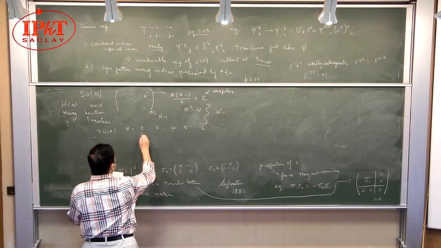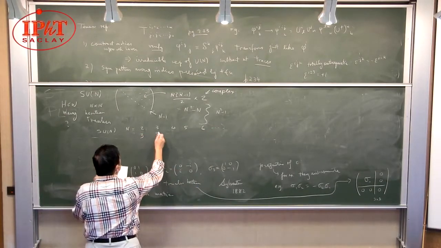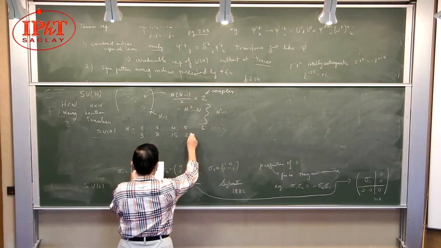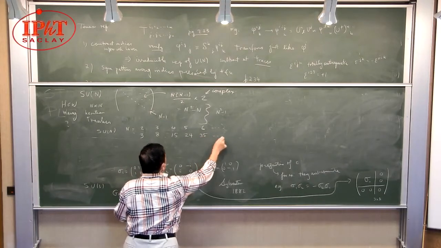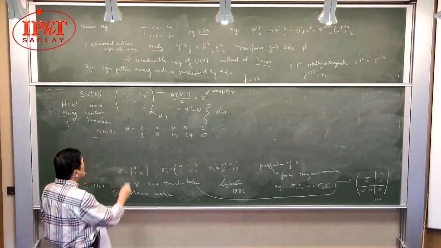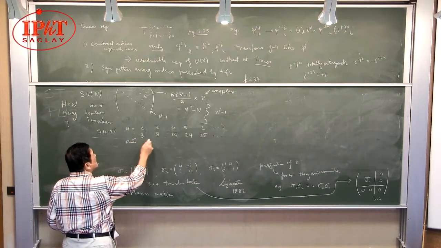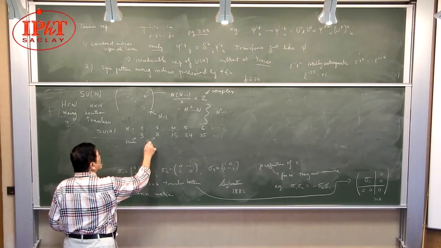And so this is 3, 8, 15, 24, and 35, and so on. So, for example, this 3 is Mr. Pauli, and these 8 are Mr. Gell-Mann.